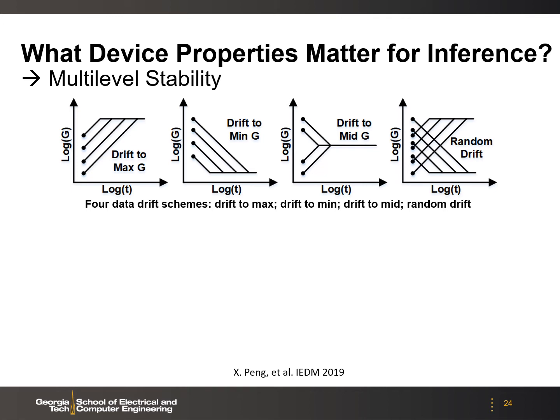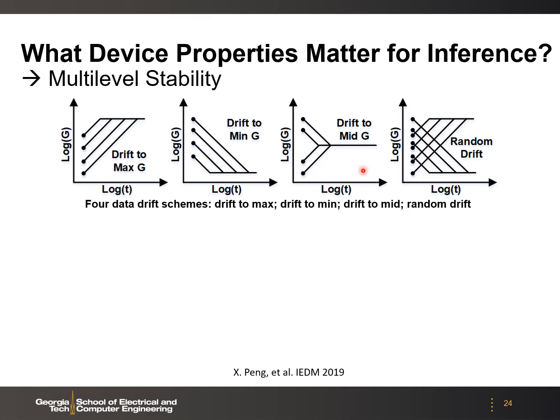Then what device property matters for the inference? Here we would argue the multi-level stability of the conductance states is a key parameter for the inference accuracy. So here we consider 4 drift schemes for the conductance states: all the conductances drift to the maximum, all drift to the minimum, they drift to the middle, or they randomly drift.